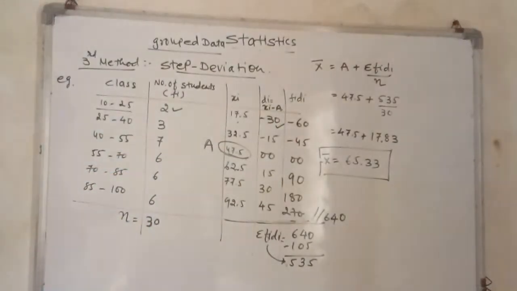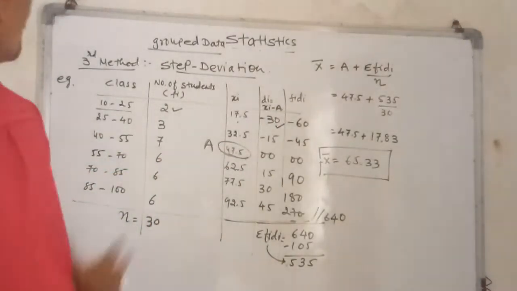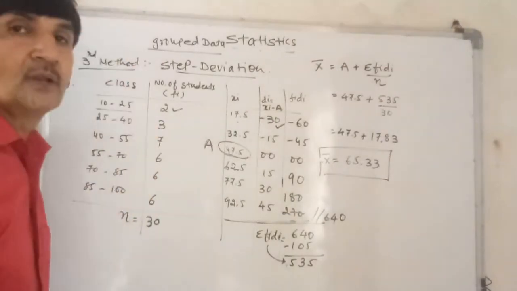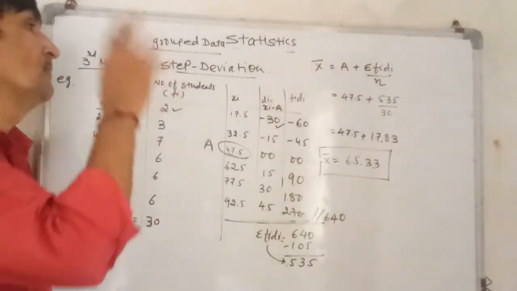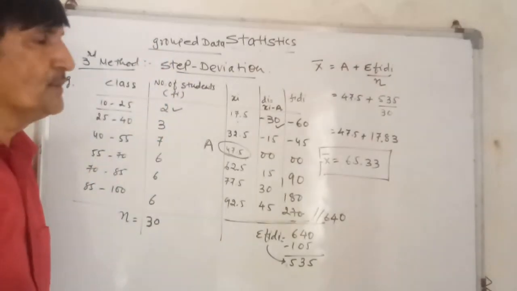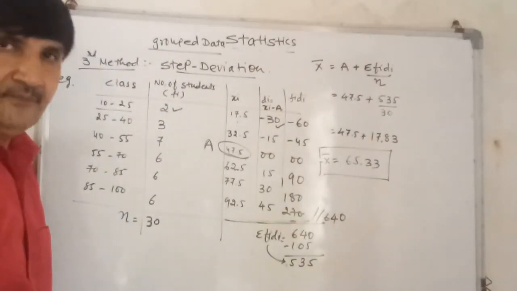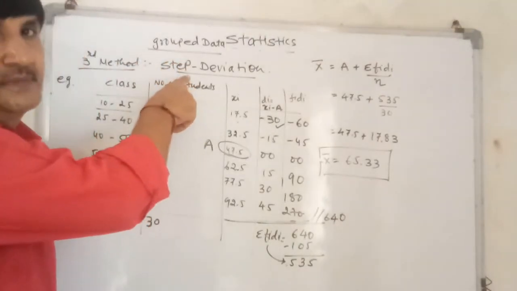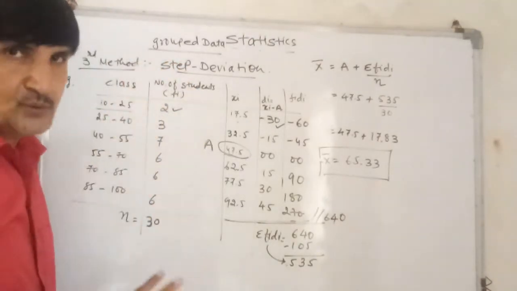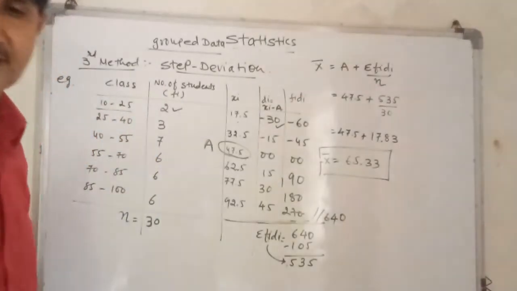See, generally whenever in your question it is not asked that solve the problem by particular method, either it is a general method or by the assumed mean or by step deviation, then it is very easy to solve it by the step deviation. So third method is the most important. So concentrate on this. Okay.